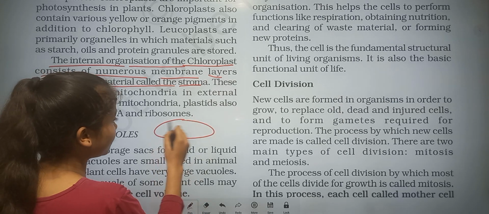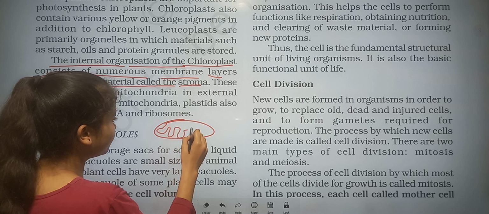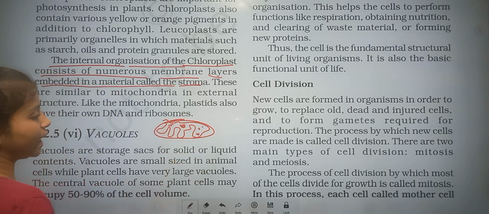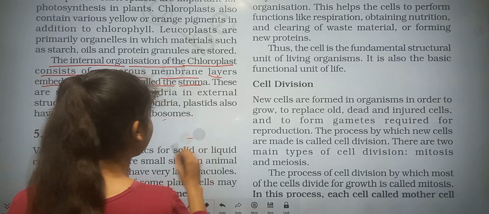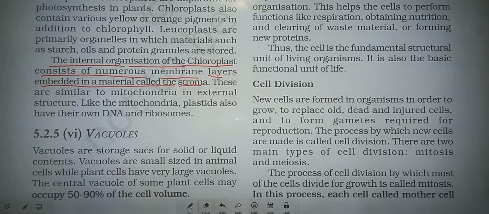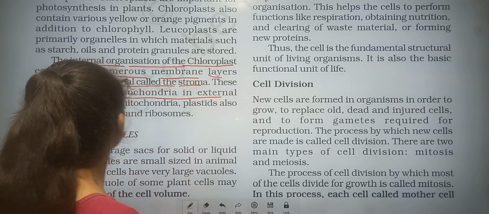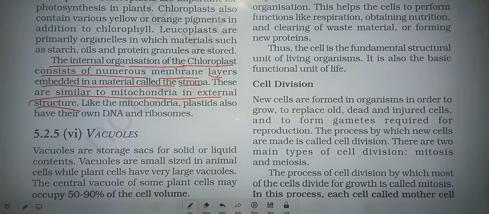In the mitochondria this one is the cristae, and inside this place is called the matrix. In the same way, that place in the chloroplast is called the stroma. These are similar to the mitochondria in their external structure.